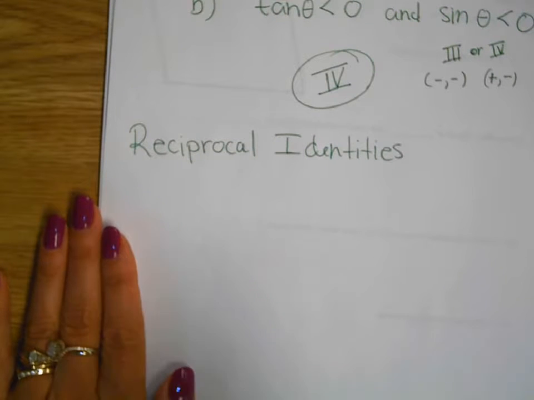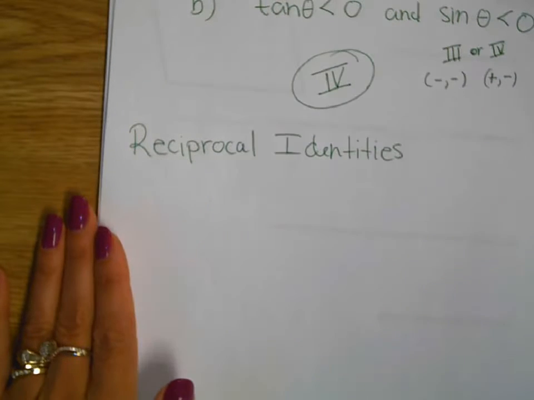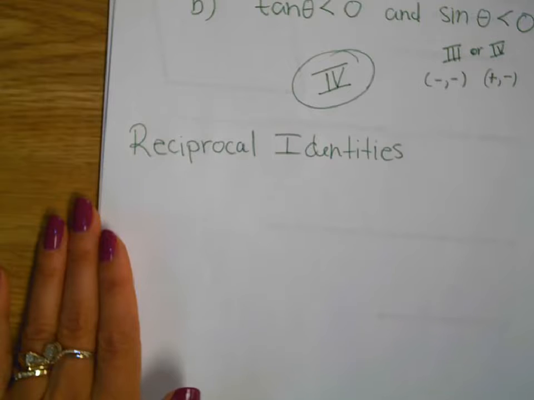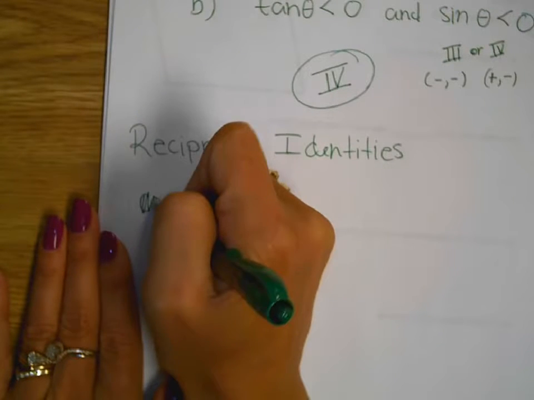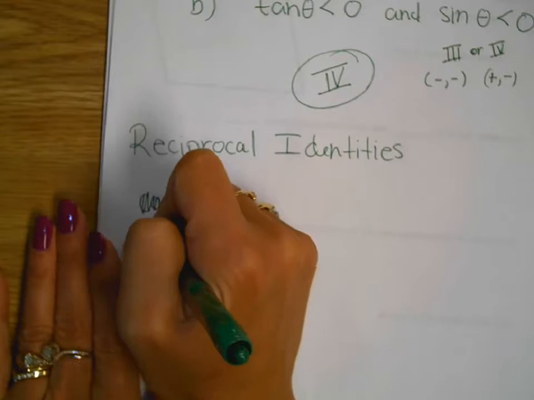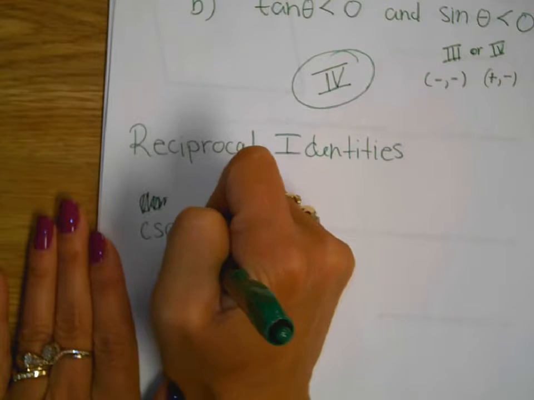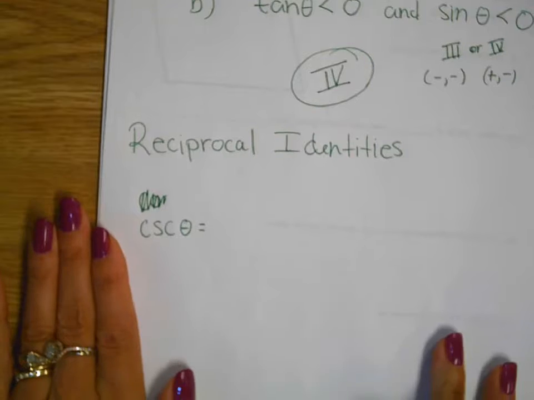We know that if we flip sine over, what ratio are we creating again? Which trig function's attached to sine? Cosecant. So, cosecant, oops, not cosine. Cosecant is equal to sine flipped over.